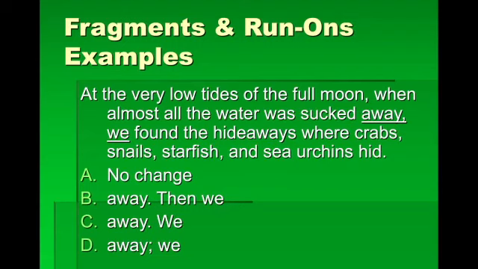So let's take a look at some examples that you might find on the ACT grammar test about fragments and run-ons. "At the very low tides of the full moon, when almost all the water was sucked away, we found the hideaways where crabs, snails, starfish, and sea urchins hid." So you can see they've underlined "away," comma, and "we."